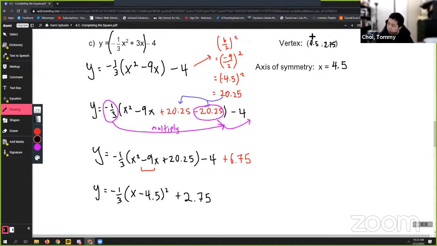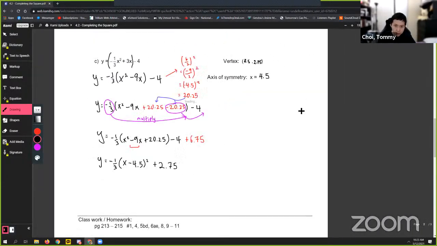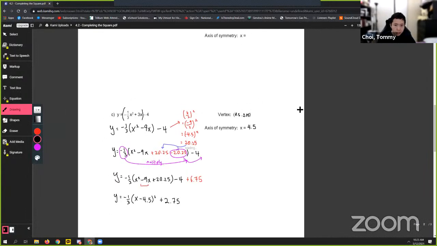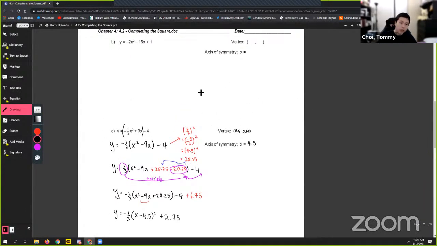So now I'm going to give you time to try one yourself. I will keep this one on the screen for you. If you've copied it down already, that's good. I would like you to try question B on your own. I'm going to help you start it off, which is to draw the brackets around the first two terms and common factor. Then try doing this process yourself now. Okay? So please give it a shot, and we'll take it up in 6 minutes. I'll give you 6 minutes. Okay?